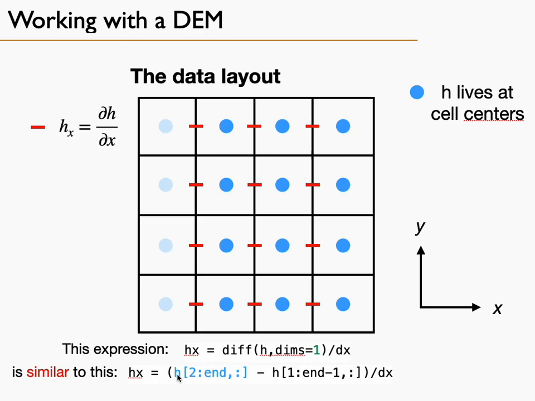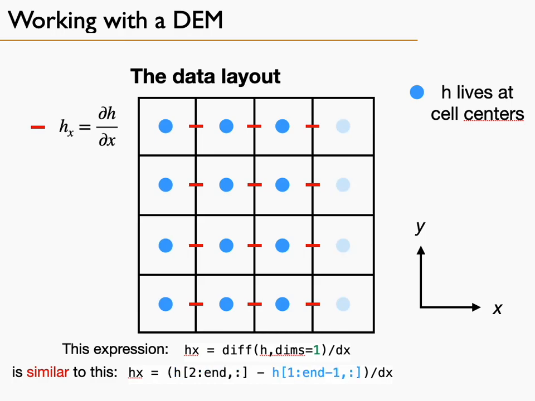This part here is basically the selection of the points in the H table that start from index 2 in X, and we take all the points in Y. So it means we select only this part of the array, and this whole column from index 1 in X is not selected.